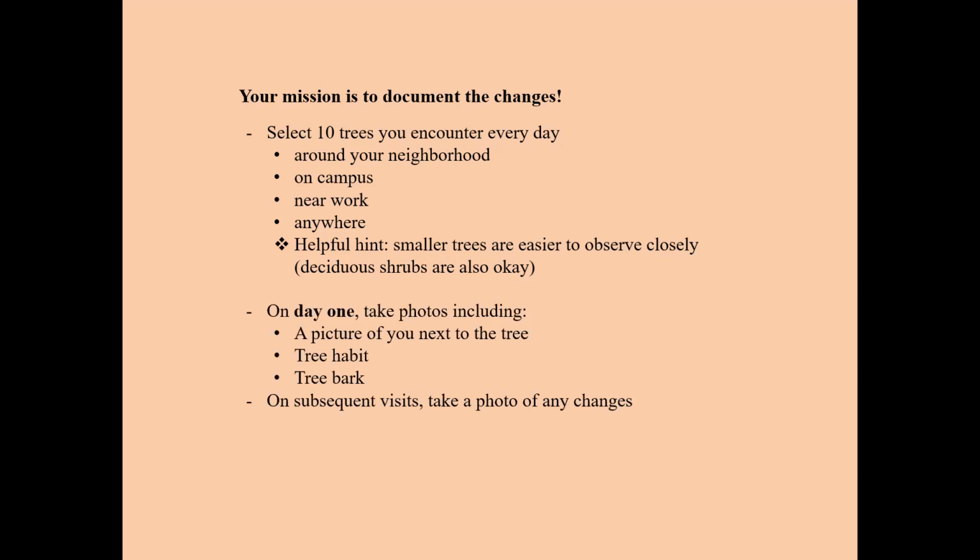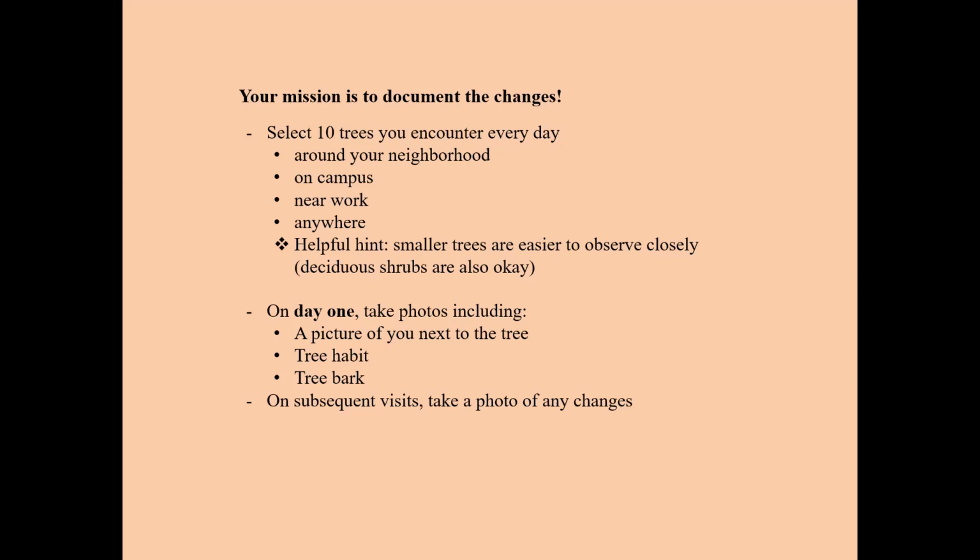And on day 1 of this observation period, you're going to take photos, including a picture of you next to your tree. There's going to be 10 trees, a picture of you next to the tree, and then the tree's habit or form, and the tree's bark. Because since there's no leaves on the tree, the bark will help me identify what type of plant it is.